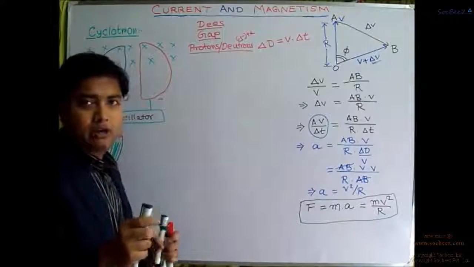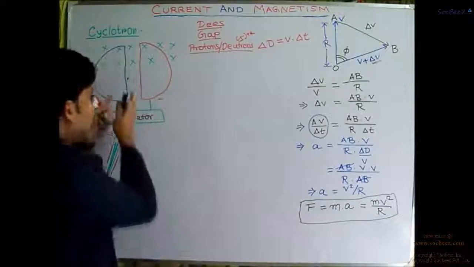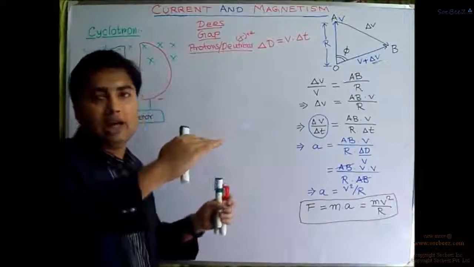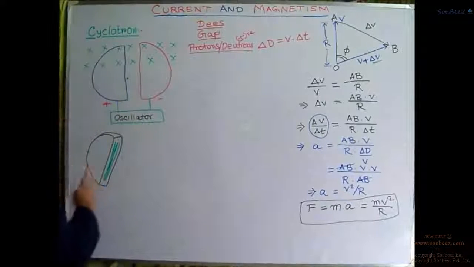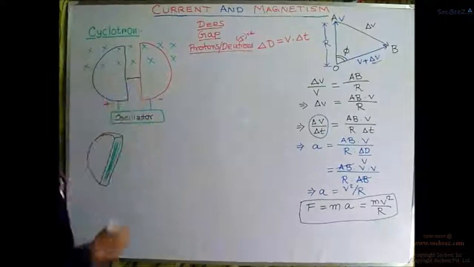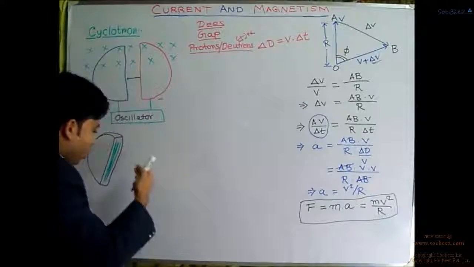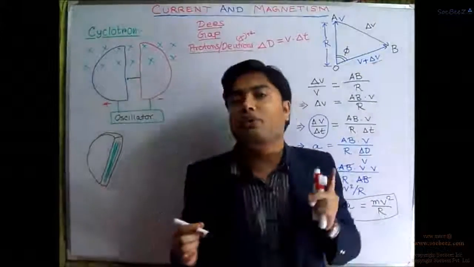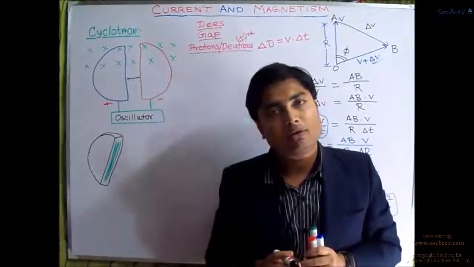It may be noted again and again that in the gap, these protons or deuterons will move in a straight line. So this proton will move like this in a straight line. Now inside this D, it will find no electrostatic force over there.